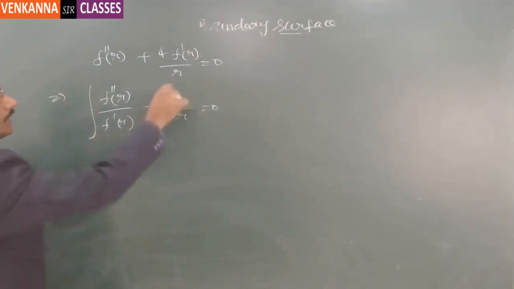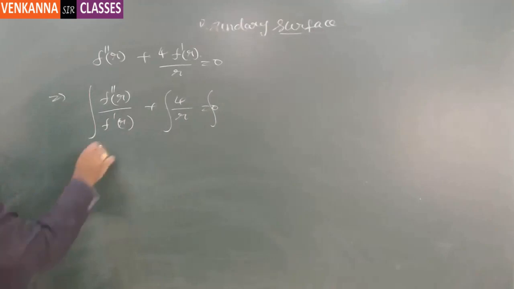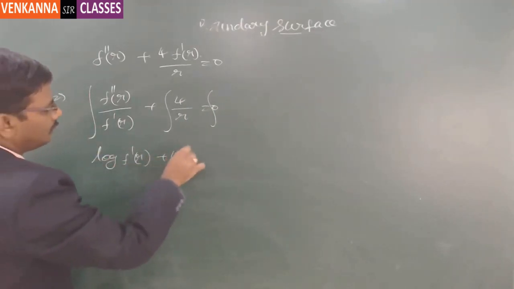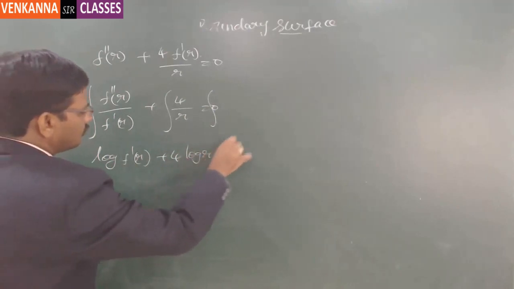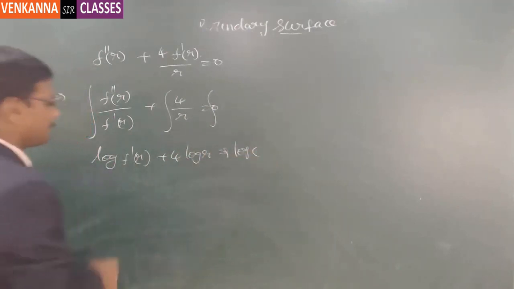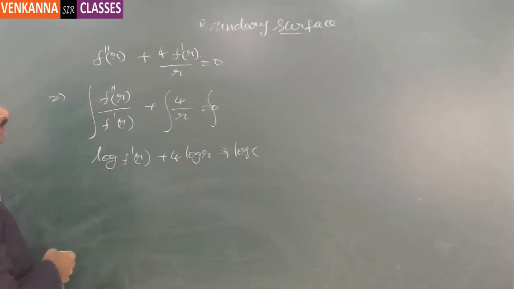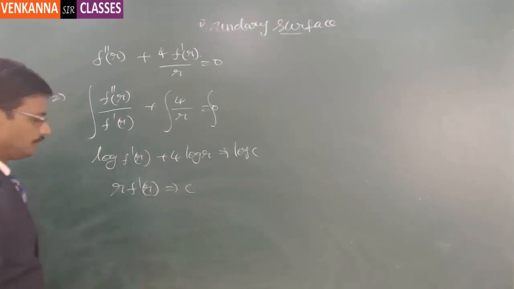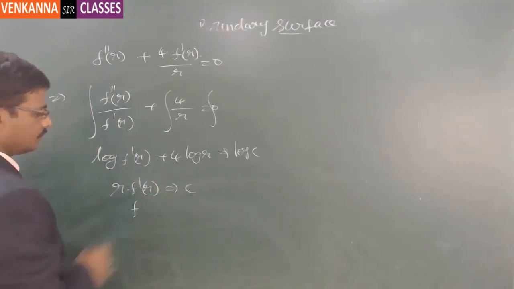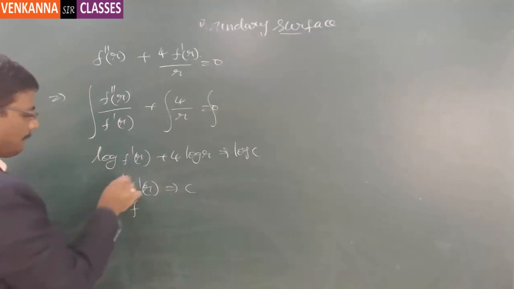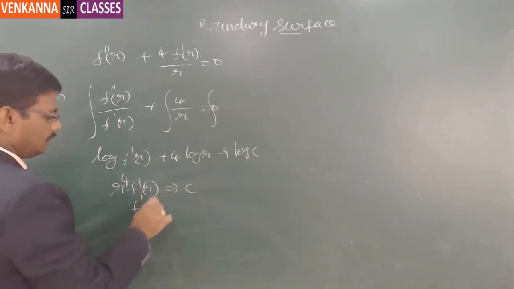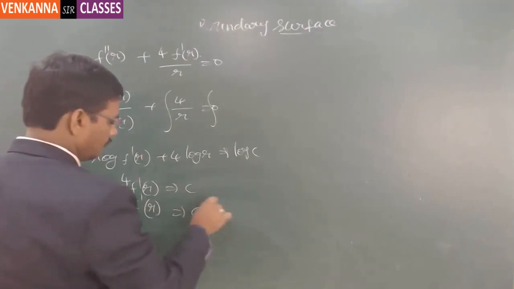If you integrate on either side, this will be log of f dash of r plus 4 into log r is equal to log c. So r power 4 into f dash of r is equal to a constant. So f dash of r is equal to c into r power minus 4.